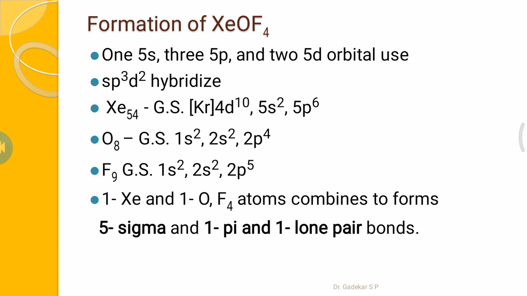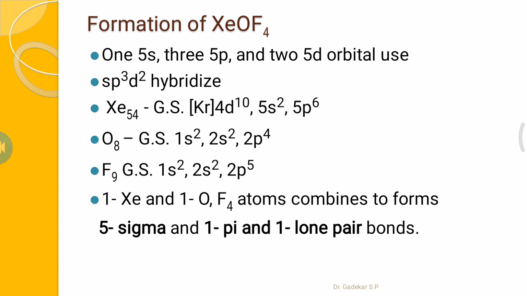What is the ground state electronic configuration of fluorine? 2s2, 2p5. It means a fluorine atom needs 1 electron to become stable. An oxygen atom needs 2 electrons to become stable. Xenon has a stable electronic configuration, that is 5p6.